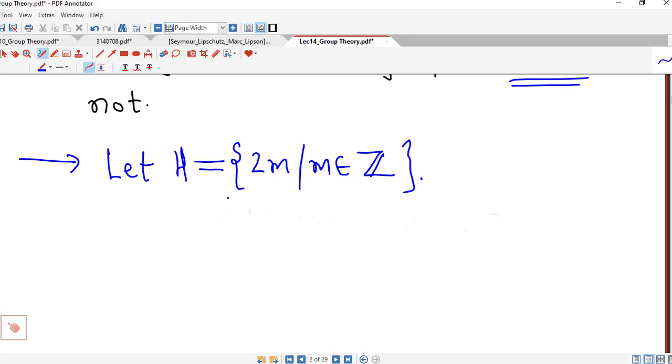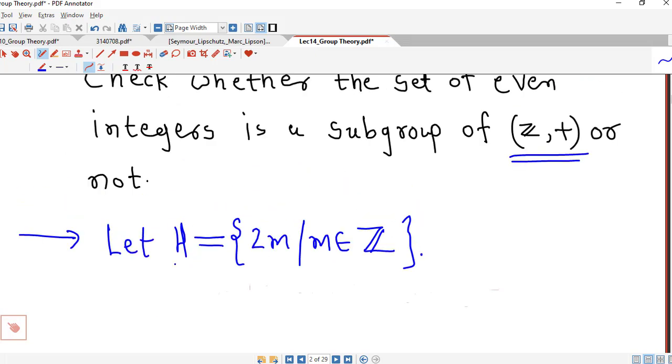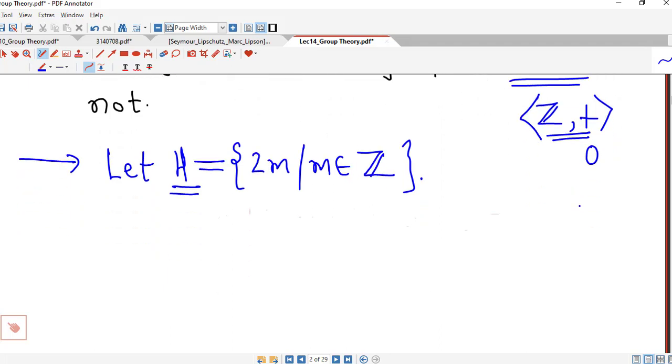Suppose we consider the definition. Then first we have to show that the identity of the given group is also in this set H. Now if we consider Z with addition, then we know that 0 is the identity of the set of integers under the operation of addition.